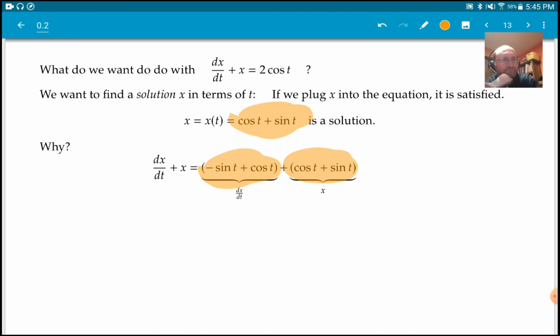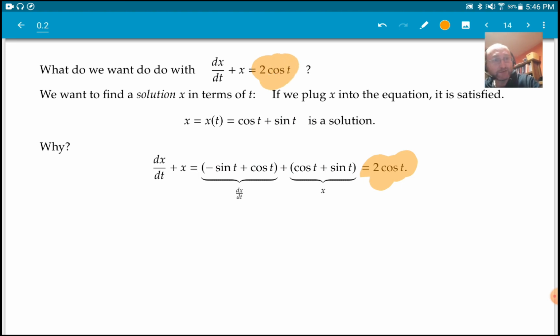I notice the sines cancel, and then I have two cosines left. So I have 2 cosine t. Well, that's exactly what's up here. Yay, we have a solution. It is a solution because it satisfies the equation.